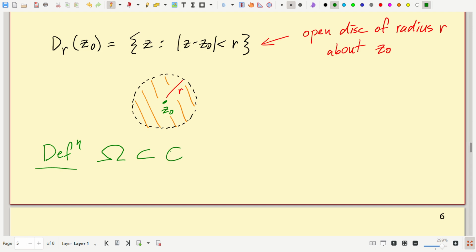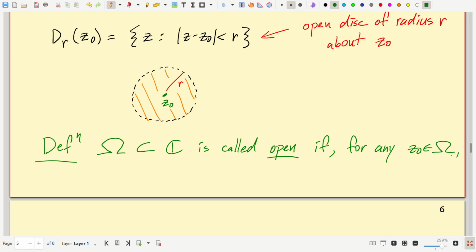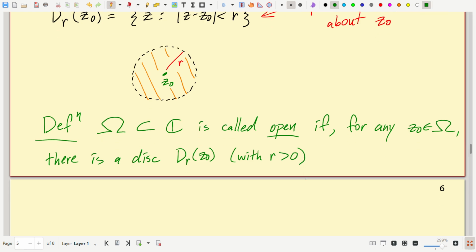So a domain omega in the complex plane is called open, just like in R2, if for any point in the set there's an open disk D_r(z naught), with r positive, of course, so not the empty disk, that's contained totally inside.